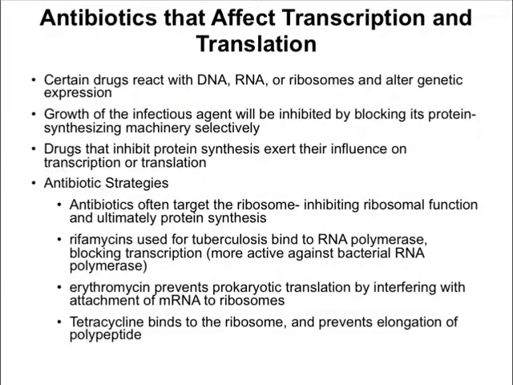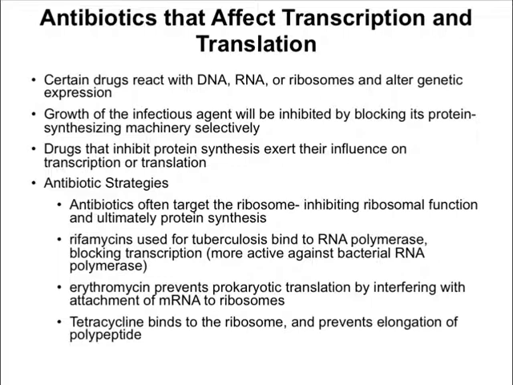The naturally occurring nutrients are not the only agents capable of modifying gene expression. In fact, many of our antibiotics are targeted at affecting gene expression by interacting either with the ribosomes or with the transcription or translation process. Certain drugs are going to react with the DNA, RNA, or ribosomes and alter their genetic expression.